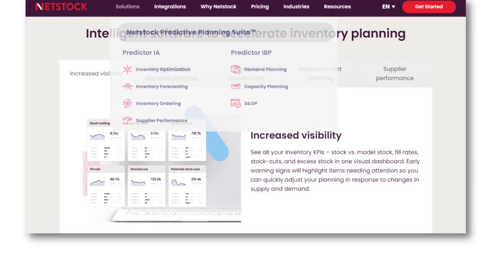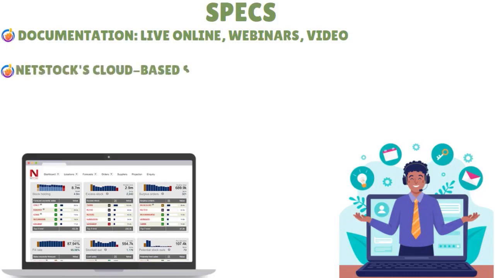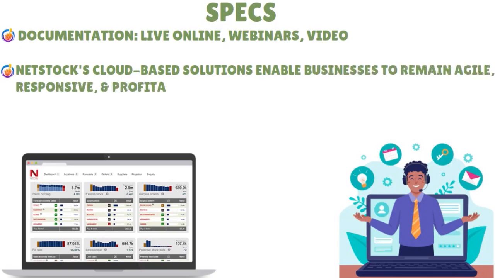The bottom line here is that Netstock has a motto whereby it wants to enable businesses to remain agile, responsive, and profitable. They have built their tool in such a way that it integrates seamlessly into leading ERPs. So you are able to unlock ERP data and leverage enhanced analytics so you can quickly respond to changes in supply and demand.